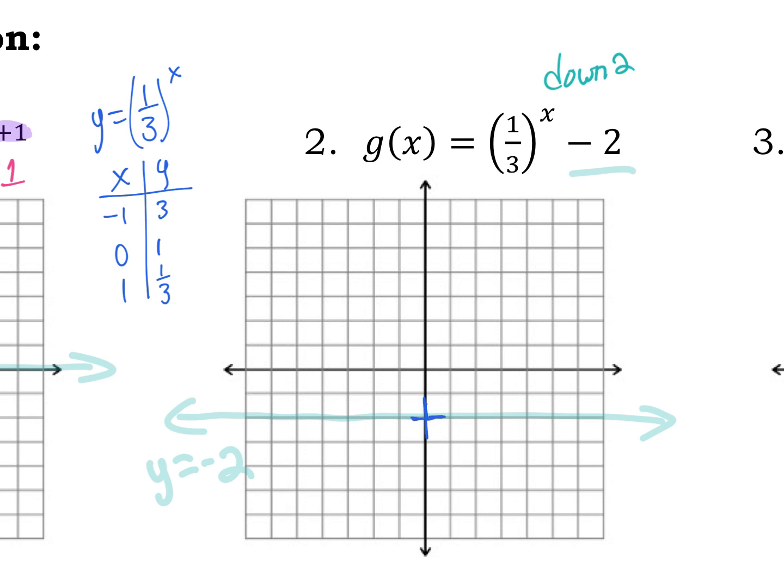Here's my new crosshairs, my new starting place. My new origin is shifted down 2 units. And so now from here, I'm going to go left 1, up 3. I'm going to go up 1, and I'm going to go right 1 and up 1/3. Boom.